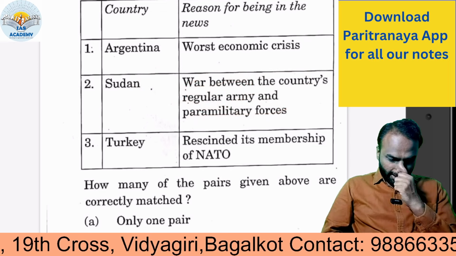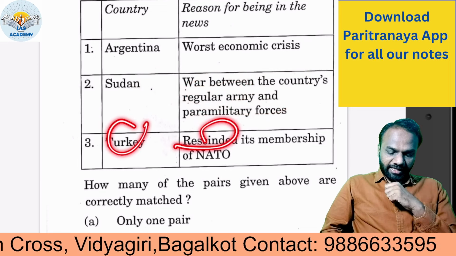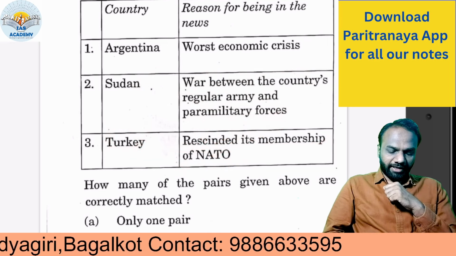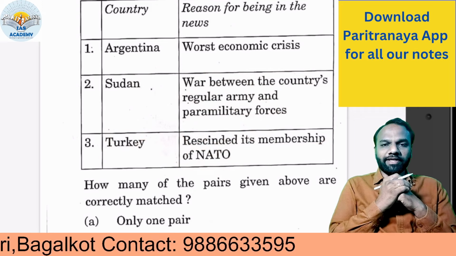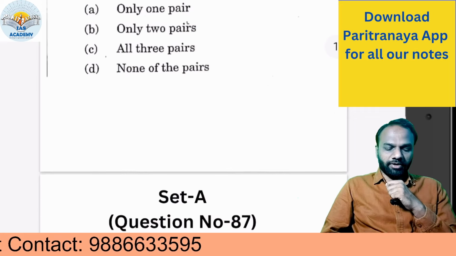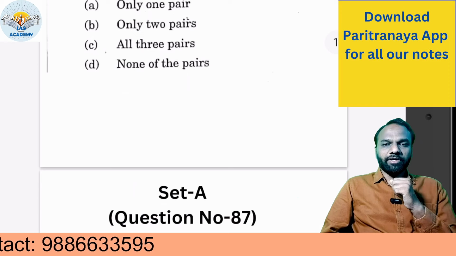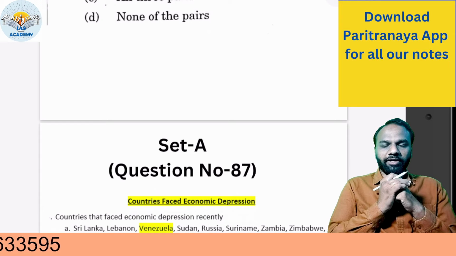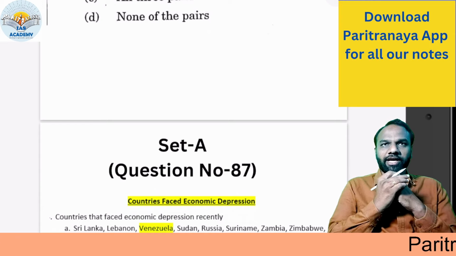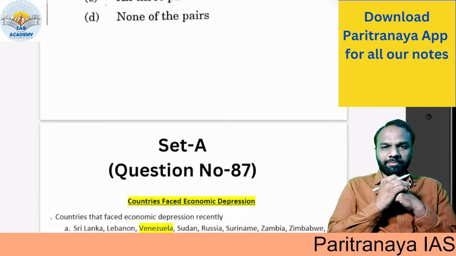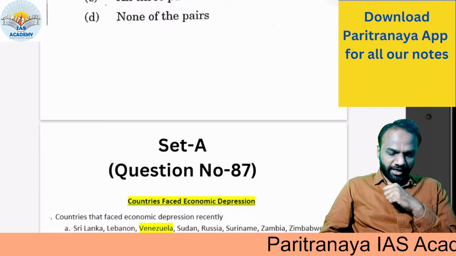Now next, Turkey rekindled its membership of NATO. It means it left NATO. This is the statement they have made, so we have to verify whether it is true or false. First we need to know whether Turkey is a member of NATO or not, and why they have focused on Turkey. In the context of the Ukraine and Russia crisis, Russia has attacked Ukraine. If we look into the background, it is basically because of NATO membership.